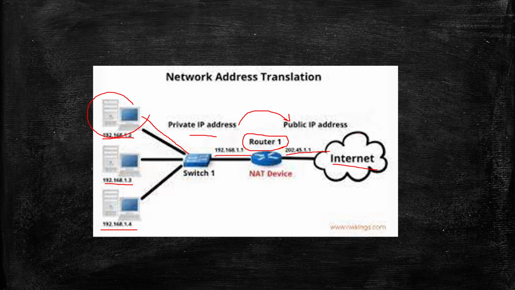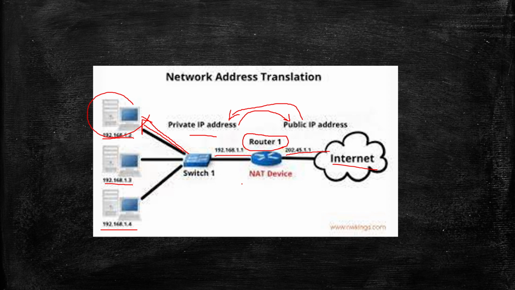Then when the response from the internet returns, it will be routed again, and the public IP address is converted back into a private IP address, and then the switch delivers it there. For that we use NAT. So your concept is clear now.